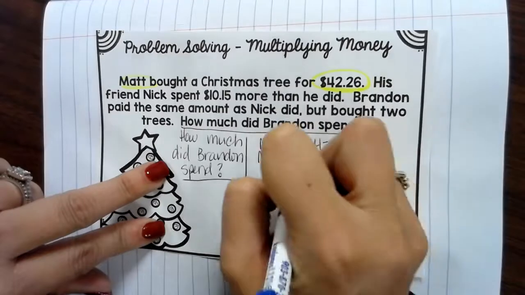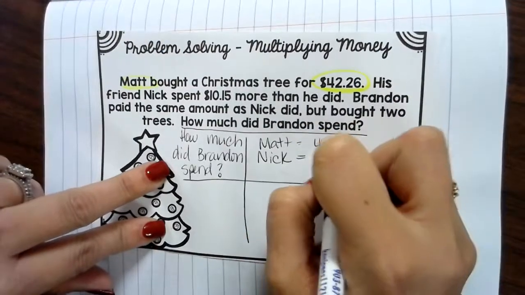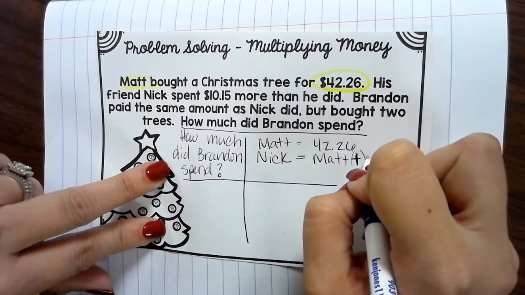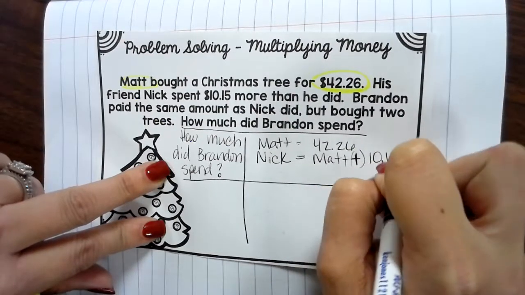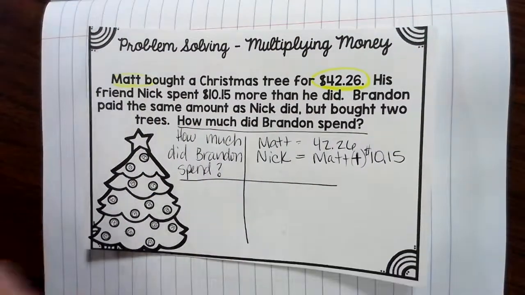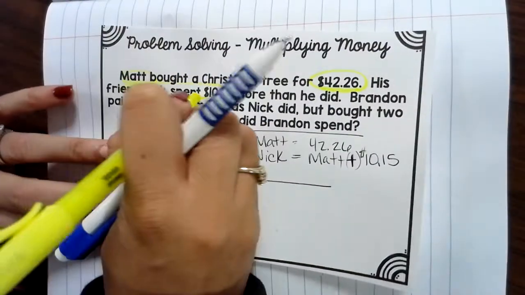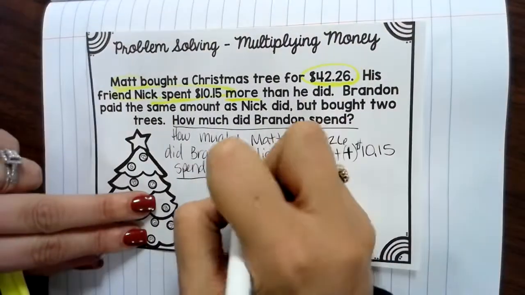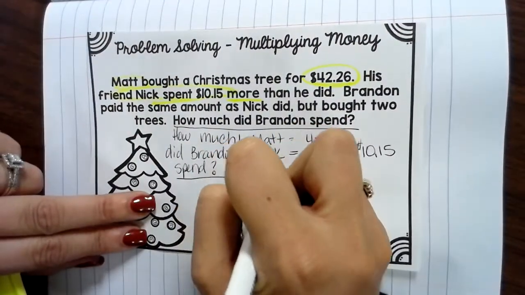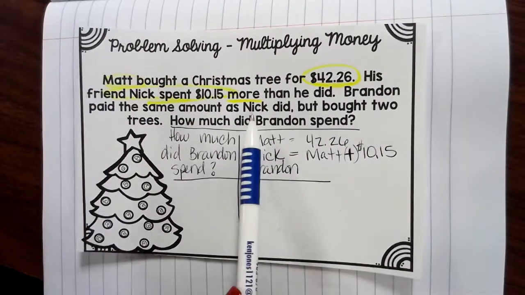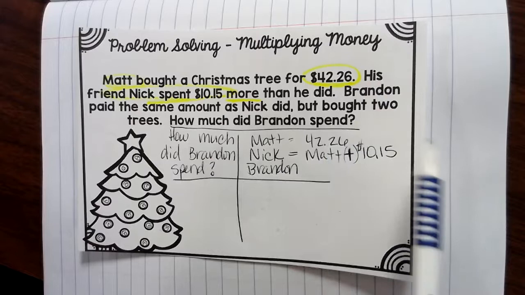So to find that, it's Matt's amount plus, that's a plus sign, $10.15 more. Okay. Then, so Nick spent $10.15 more than he did. Brandon, he spent the same amount as Nick, but bought 2 trees.